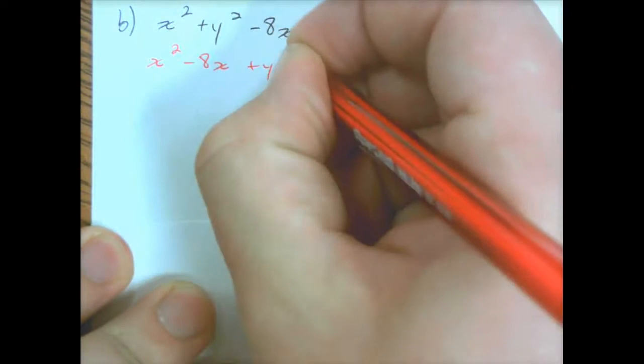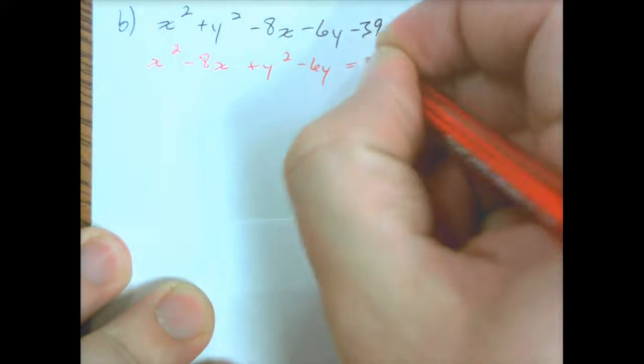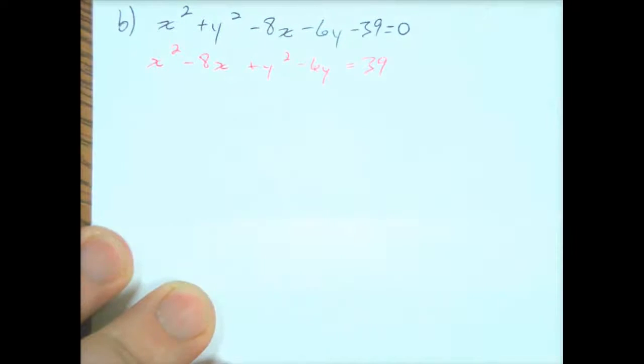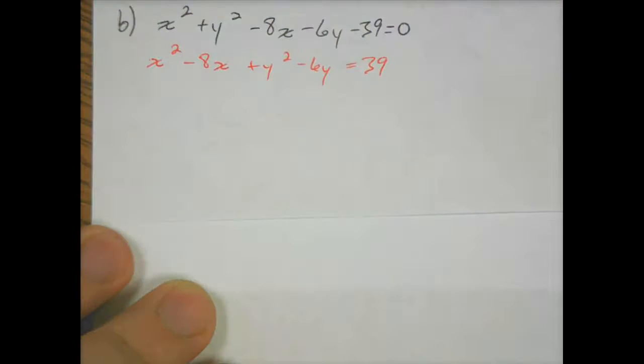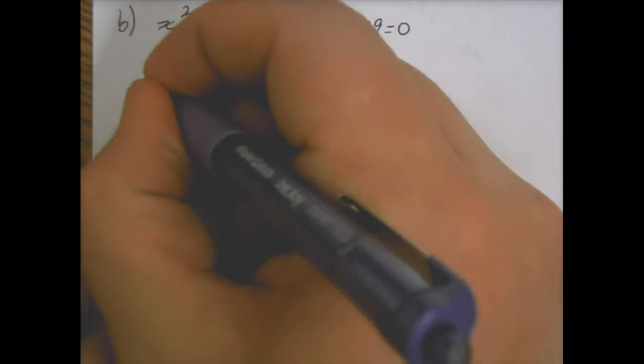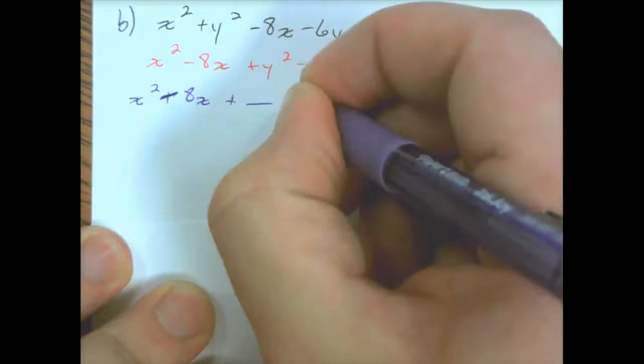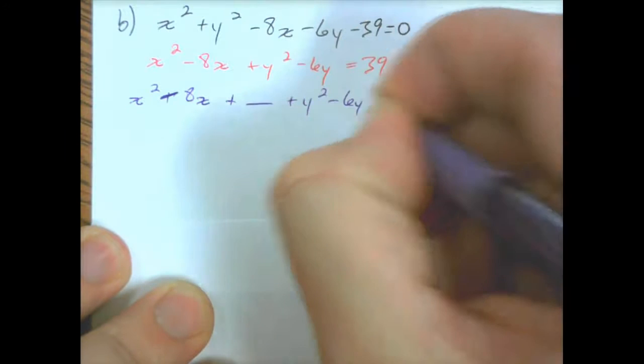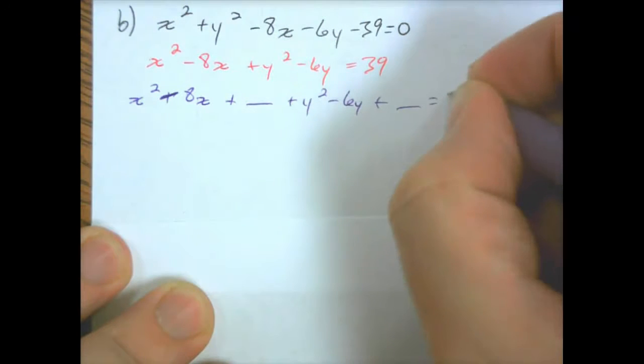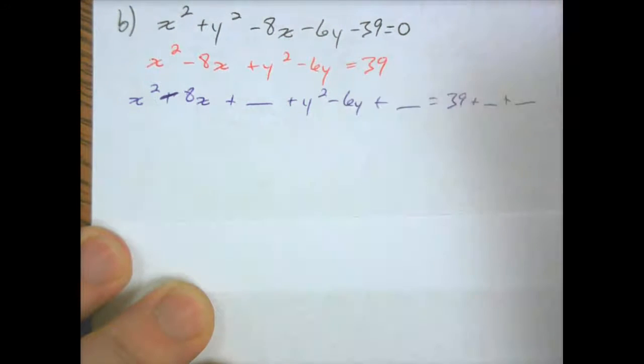Plus y squared minus 6y, and I'll move 39 to the other side. Okay, then I can complete the square, so x squared minus 8x plus something plus y squared minus 6y plus something equals 39 plus something plus something.